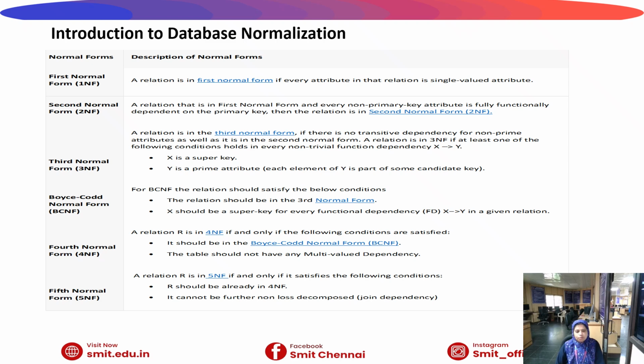Fourth normal form should be in Boyce-Codd form and handle multi-valued dependencies. Fifth normal form holds if the relation is already in fourth normal form and has no join dependencies.